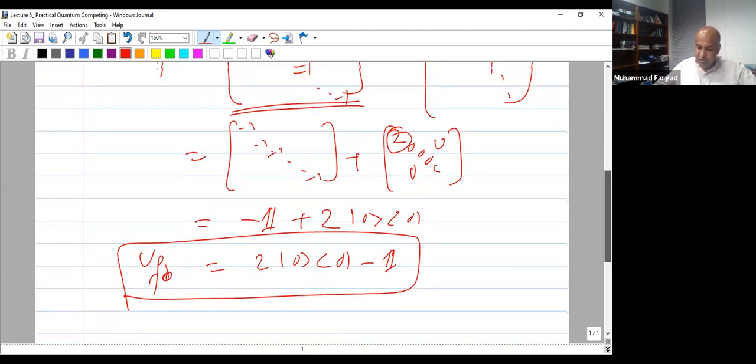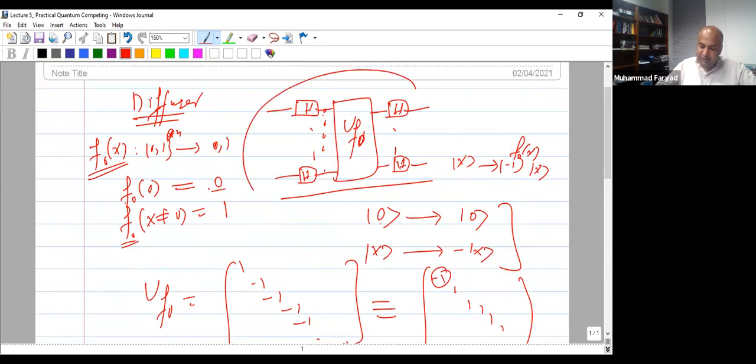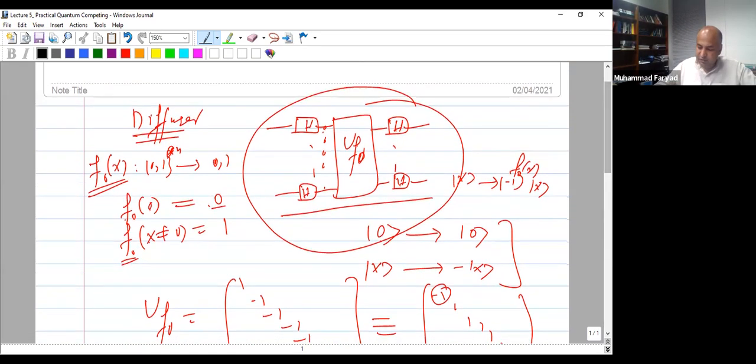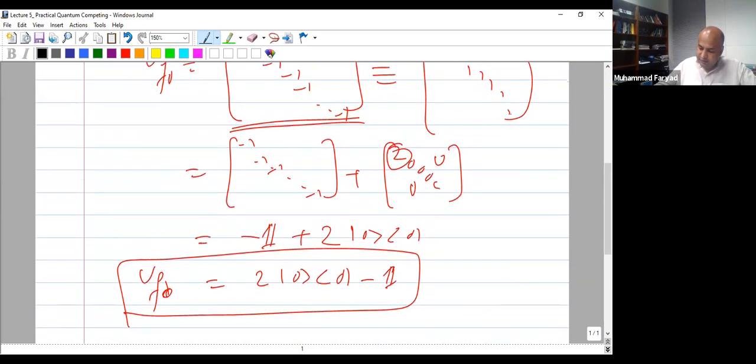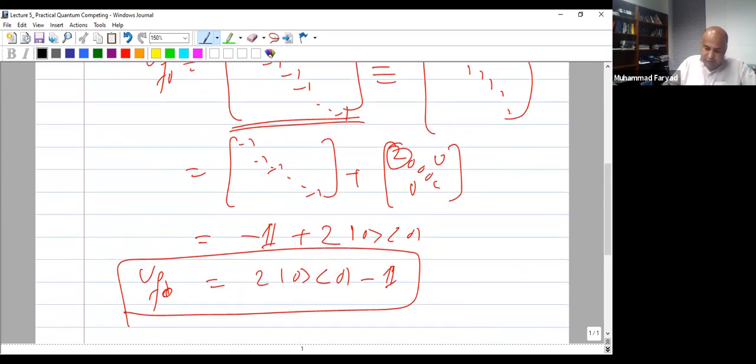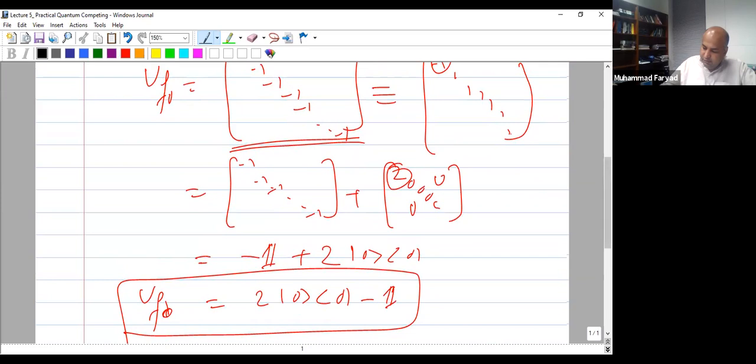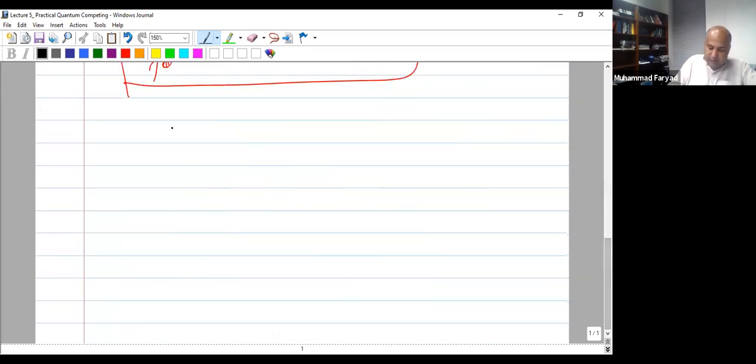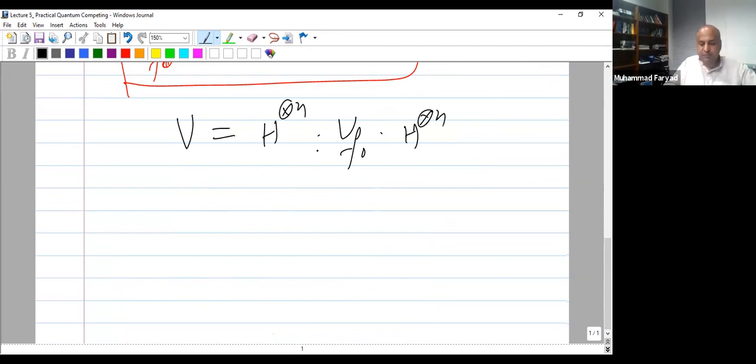All right, so let's now see what this combined circuit does. I can work out this combined circuit very simply, and let's call it some operator V. So this is Hadamard, UF naught, Hadamard, because we have Hadamard on both sides.